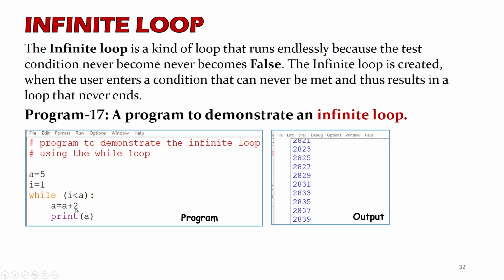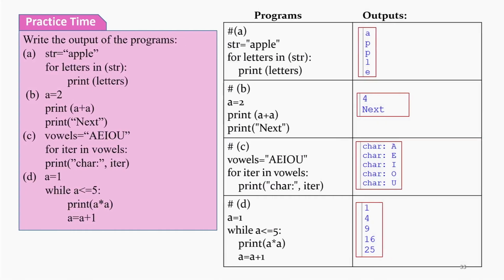Then a is equal to a plus 2 and I am printing the value of a. So it will go endlessly like this, and after that we need to kill the program because the execution is not going to stop. Hence it has become an infinite loop.